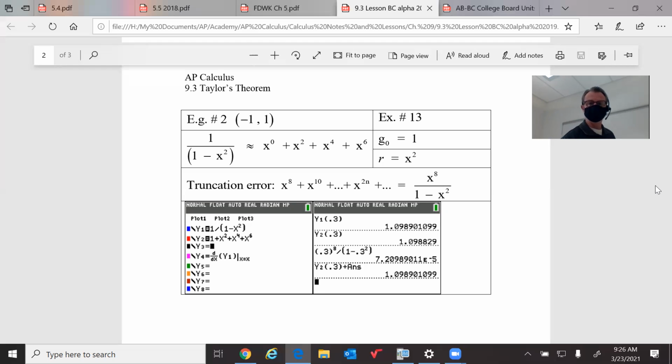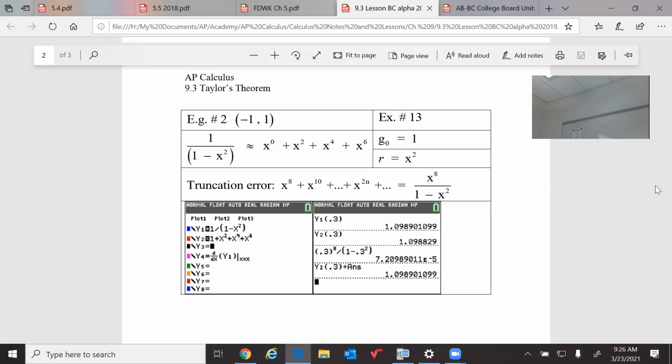So we put 3/10 in the function, and it gave us that output. Then we went to y2. What's y2? It's the 6th order Taylor series, Maclaurin series. So we put 3/10 in that. And they're not the same. They're not the same because we stopped at the 6th term.